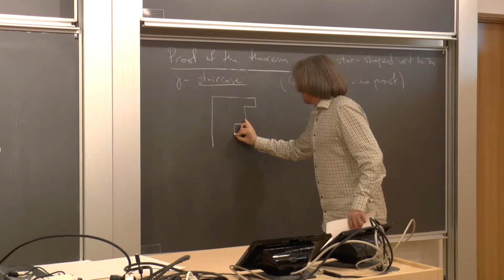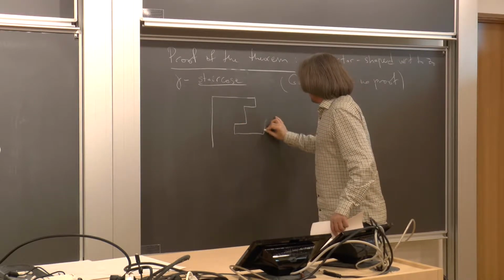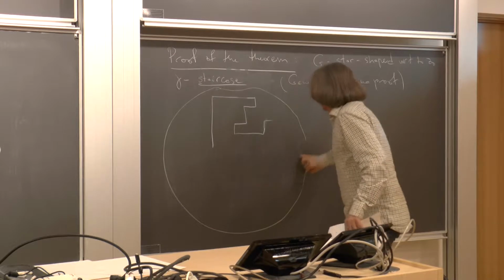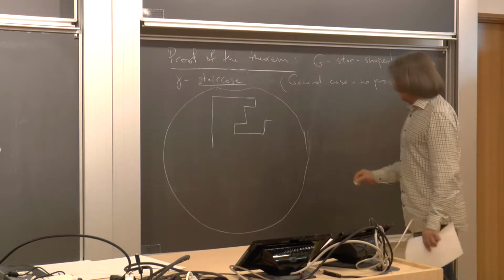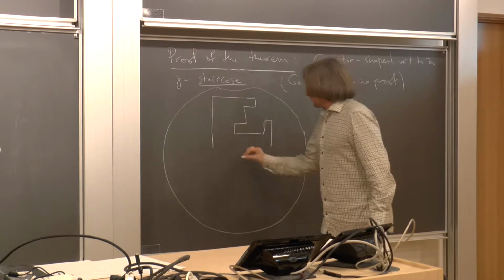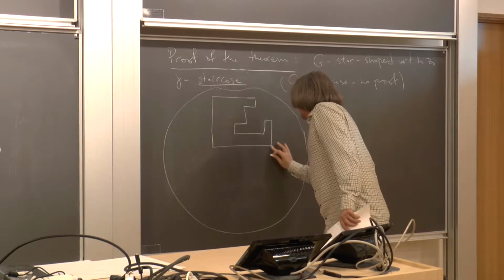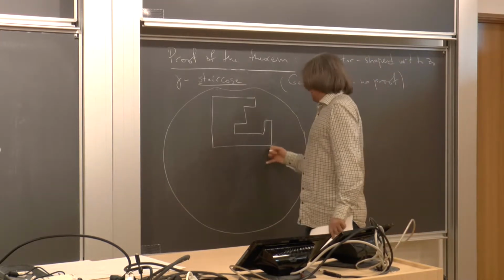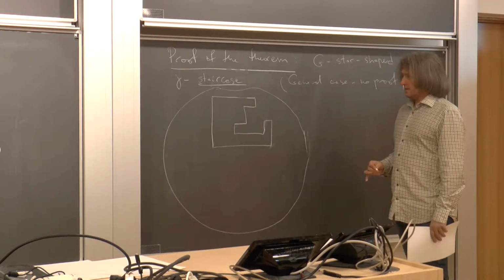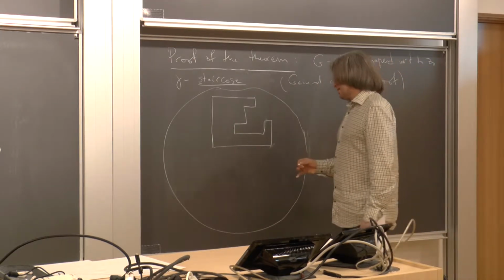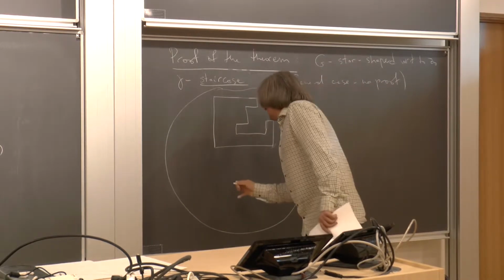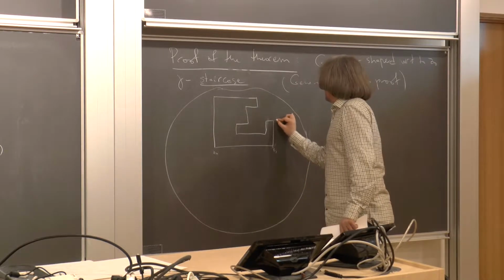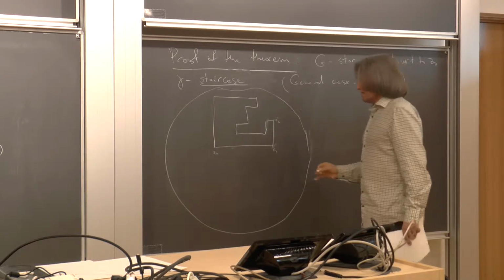So it's like this, inside our G. Let's enumerate the points connecting the straight line intervals. Say starting from Z0, Z1, Z2, and so on. And Z0 will be also Zn.